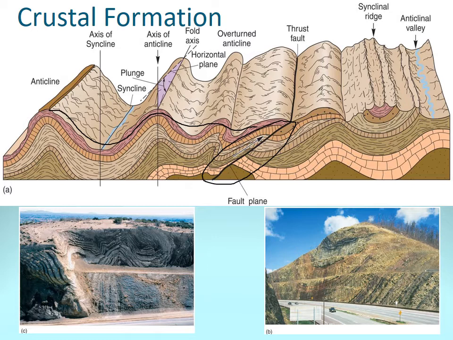Down here below, you're looking at some folding of rock, and you can see this because we have cut a large piece of this rock, mainly to put in freeways. So you see some on the lower left and on the lower right. A great example around here in California is taking the 14 freeway from the northern part of the San Fernando Valley up into the Lancaster, Palmdale area.